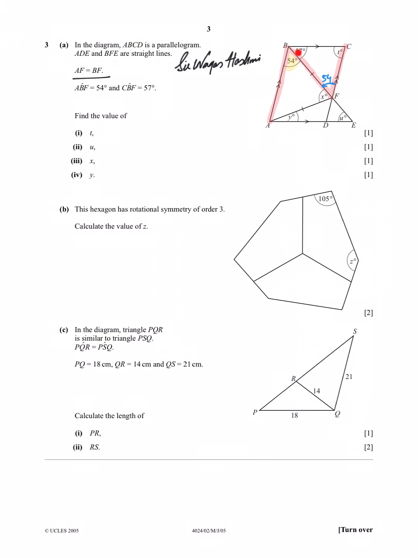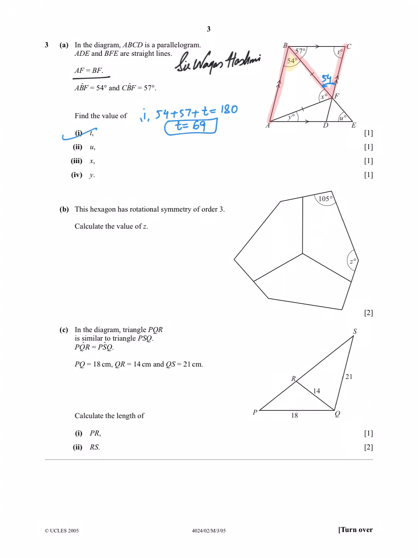You have three angles, 57, 54 and T. By solving this triangle, you can easily find out the value of T. So 54 plus 57 plus T. We know that the sum of angles in a triangle is 180, and by simplification T is equal to 69 degrees. That is your first part answer.